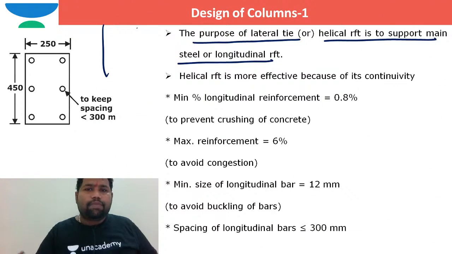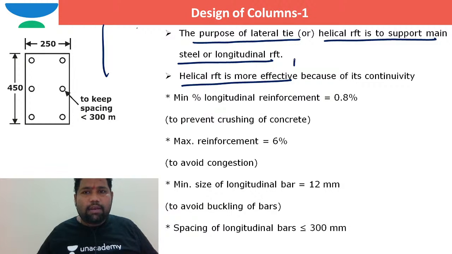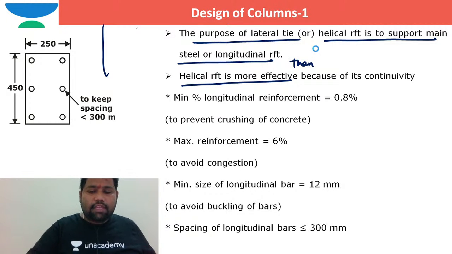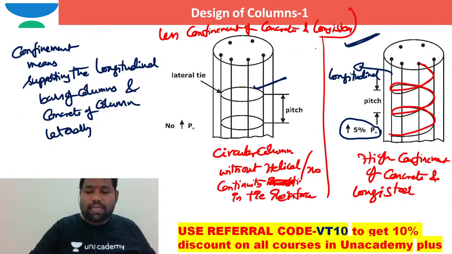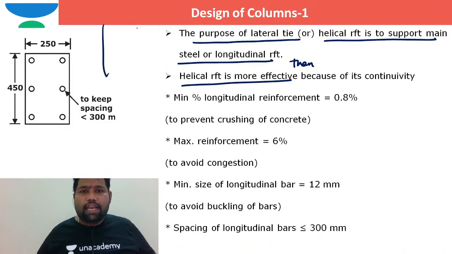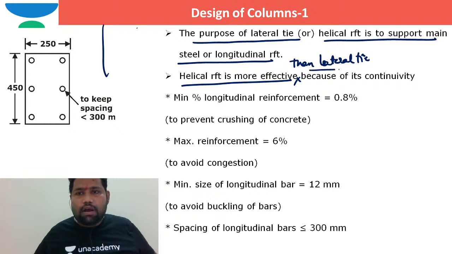So the purpose of this lateral tie or helical reinforcement is to support the main steel or longitudinal reinforcement. And out of helical reinforcement and stirrup steel, helical reinforcement is more effective than lateral ties. What is the reason behind that?